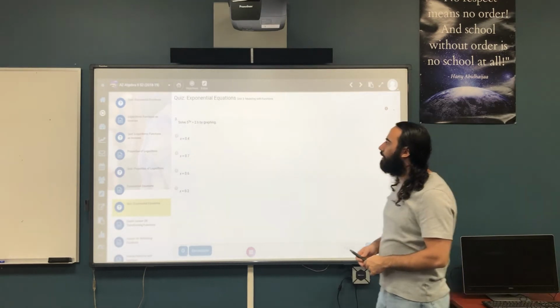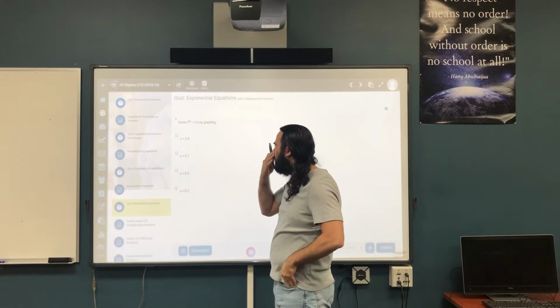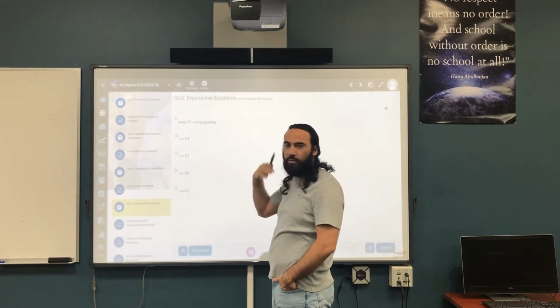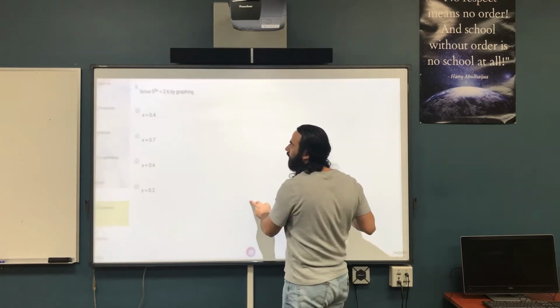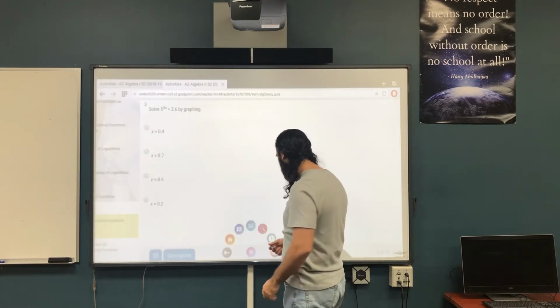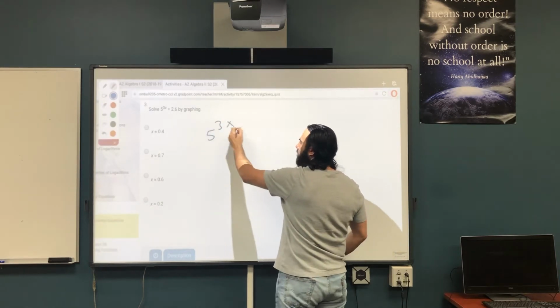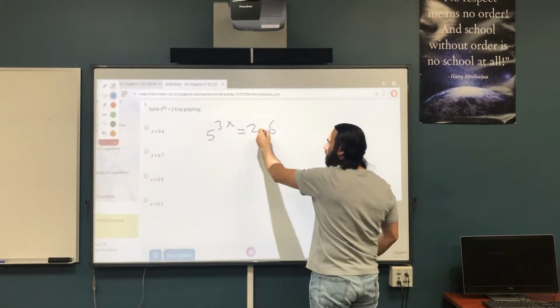Question 3. In this case, it tells you to solve it by graphing. Just solve it the normal way, the way I just taught you. Let's do it. We're going to use the log to solve it. So we have 5 to the power of 3x equals 2.6.